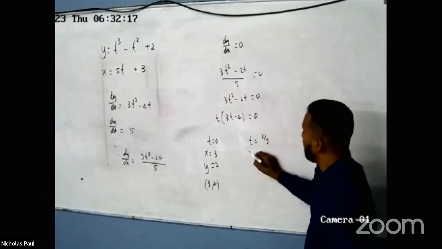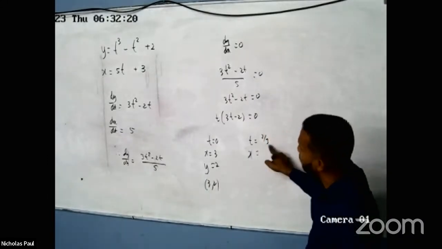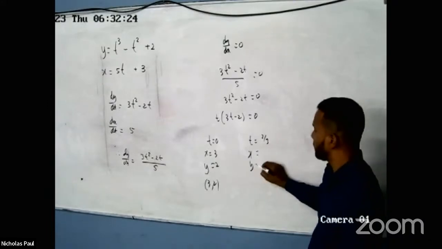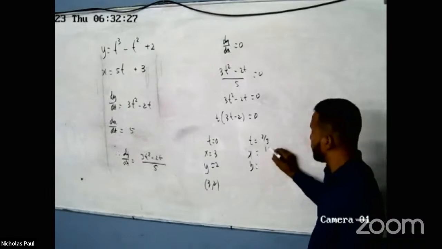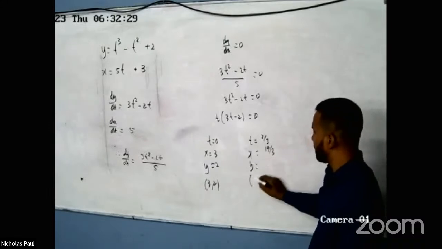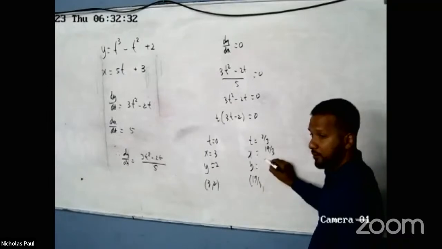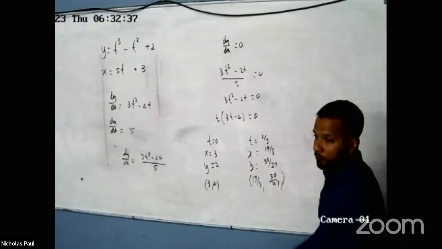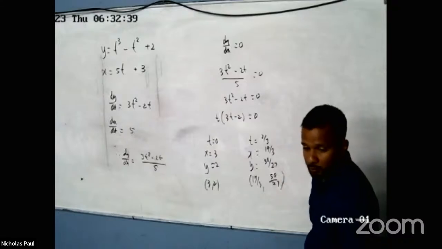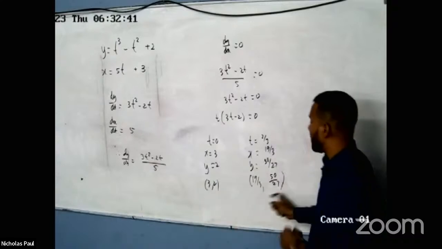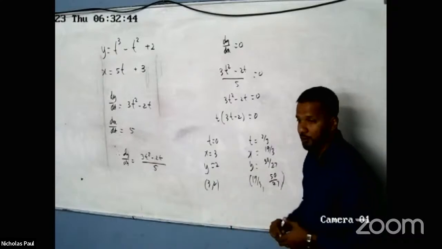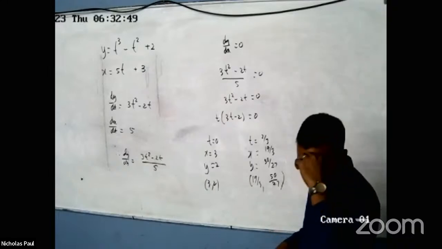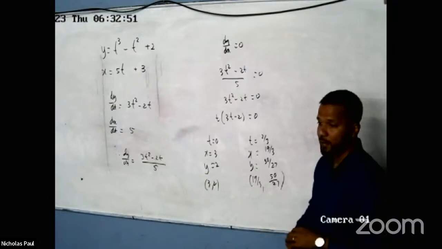And then when t is 2/3, x is 19/3 and y is 50/27. And that's it. Those are your stationary values. That's all they ask for, all the points on C where dy/dx is 0. So these 2 points are where dy/dx is 0.